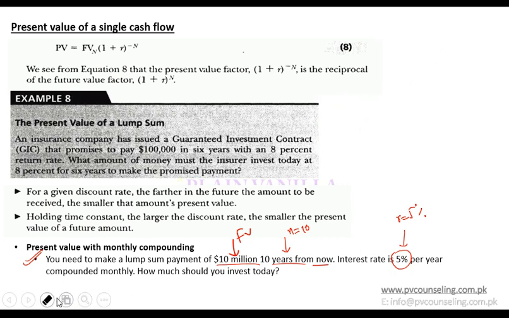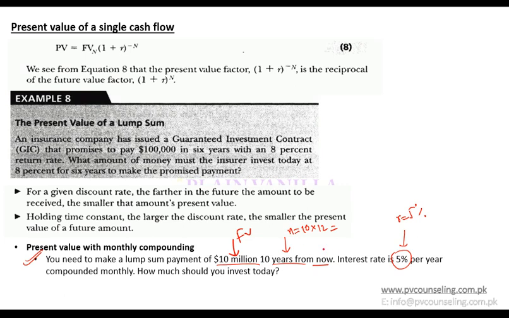So in monthly compounding, simply you put in future value as 10 million. You put in payment as 0. You put in years as 10 into 12. So years are 10, and if you multiply it by 12, it will be 120. And you put in rate as 5 divided by 12. That is your rate.